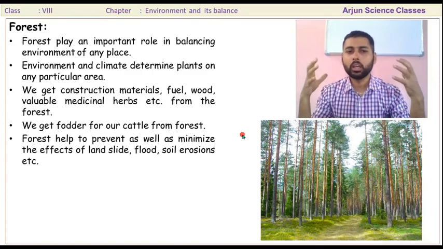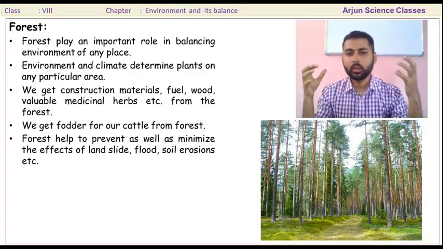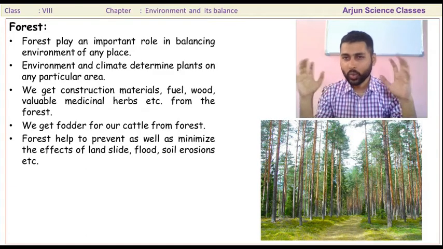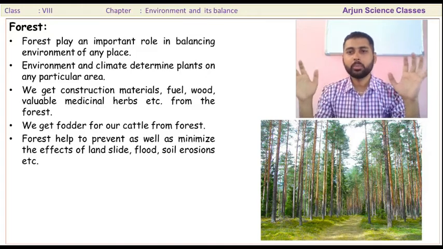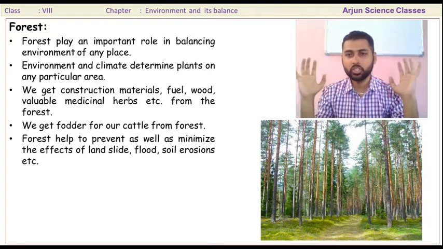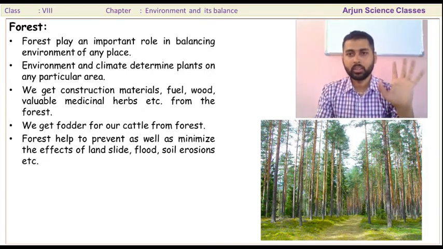So forest helps to prevent as well as minimize the effect of landslides, soil erosion, and floods. Such natural disasters can be prevented by the forest.